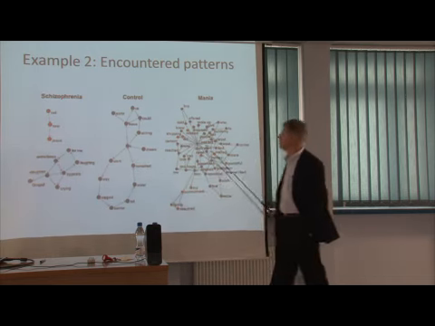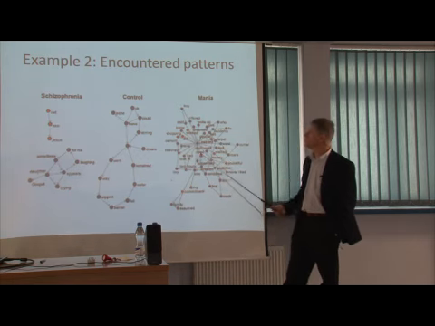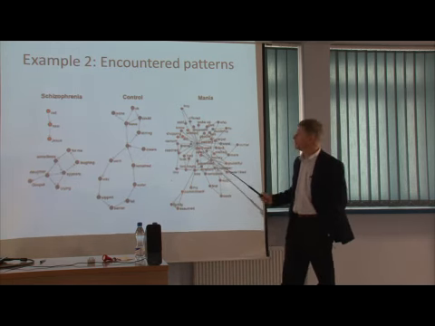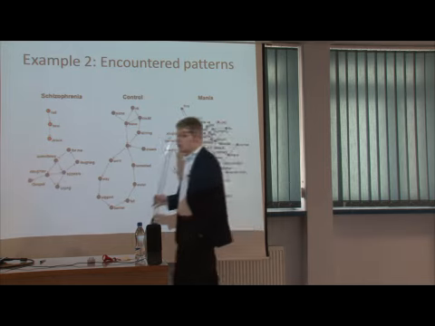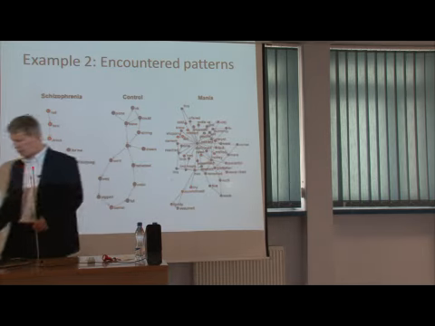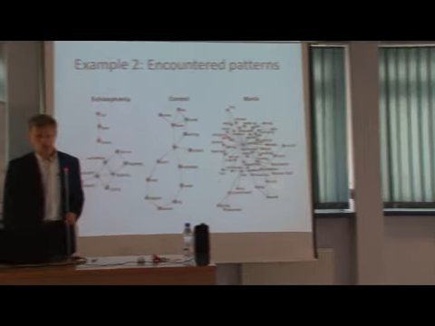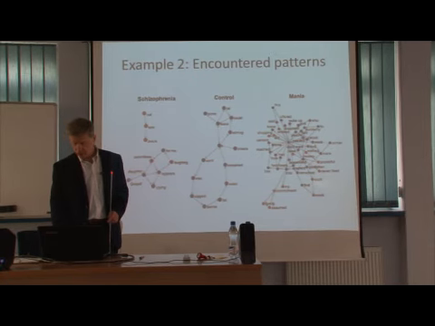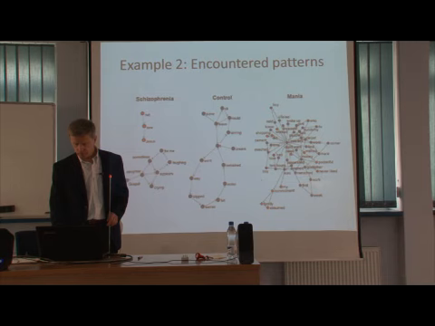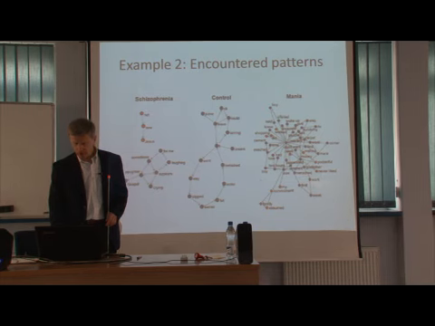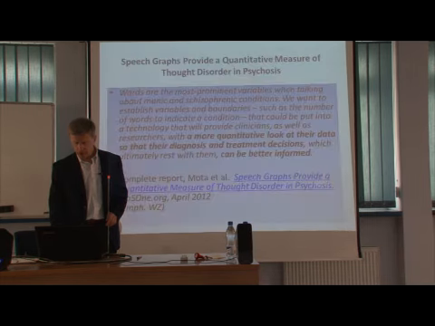So we see the differences between these patterns, and the machine can be used to essentially provide mental diagnosis, or at least augment human diagnosis, and that way improve the accuracy of diagnosis.